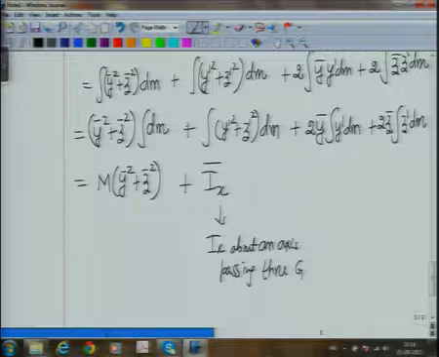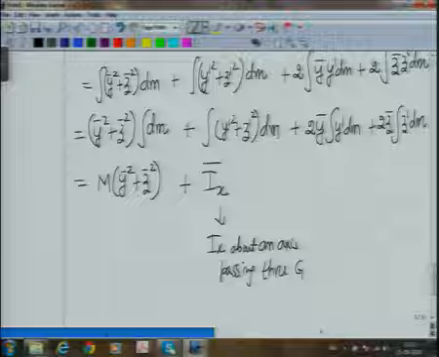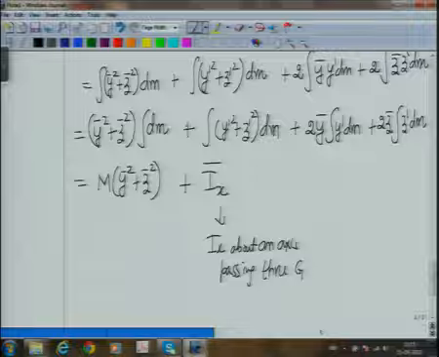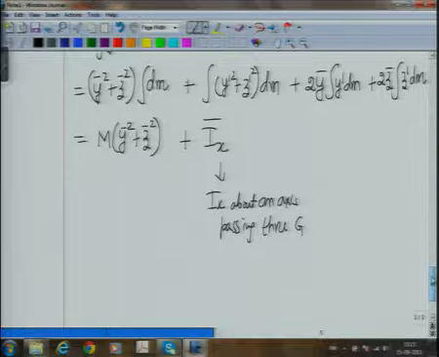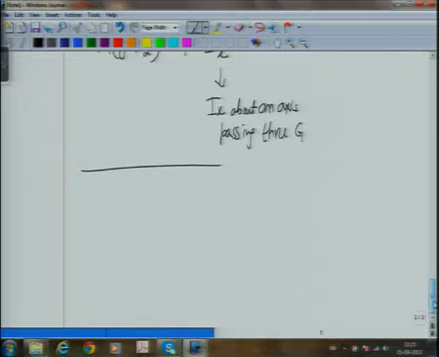What happens to the last two terms? What is integral y prime dm? Let us try to think, and I have got the right answer. Let us try to show this. Let me just make a small detour here.